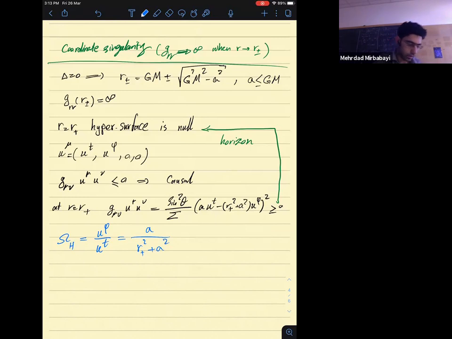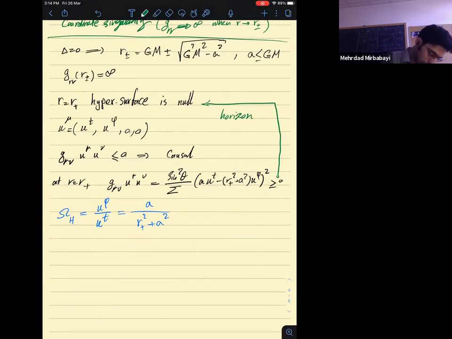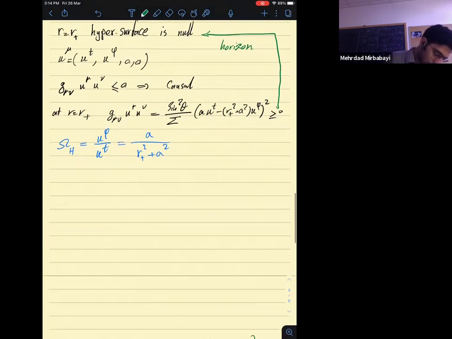So again, the angular velocity is linearly proportional to a. This a parameter is really parameterizing the angular velocity of this black hole. What else? This metric has another interesting property, which is the fact that it has an ergosphere.